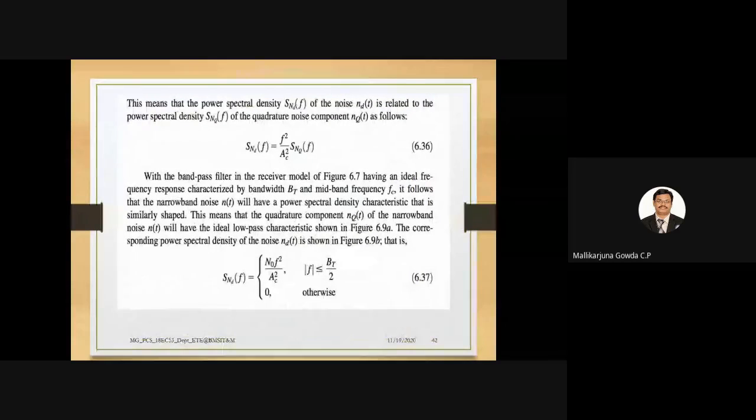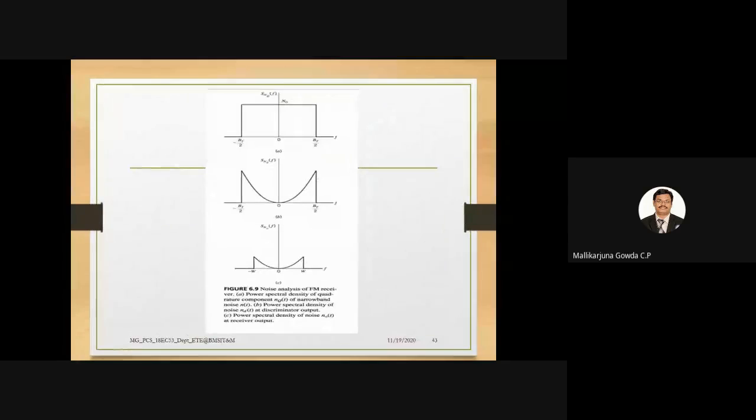Then the output of the discriminator, meaning the noise component, will have S_ND of f defined like this. This is the power spectral density of the noise, the quadrature component, appearing at the discriminator.